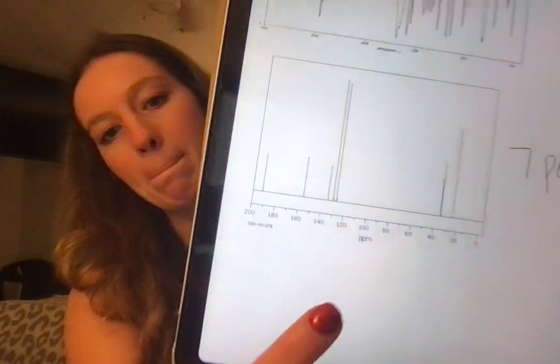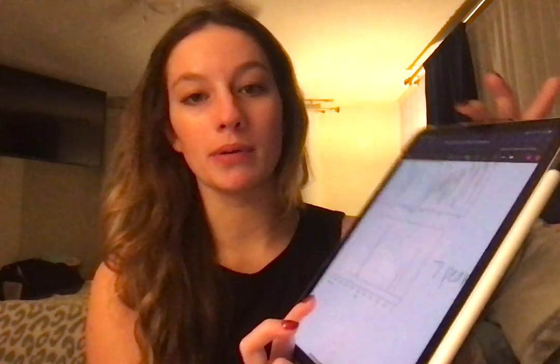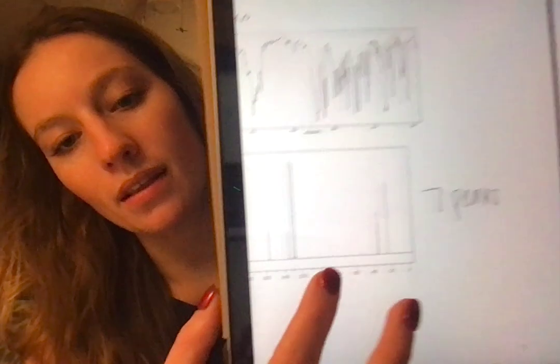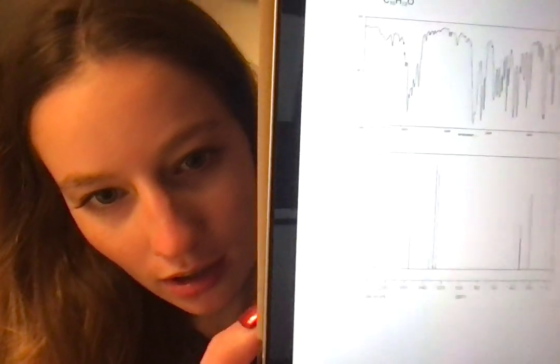Kind of hard to see on here, I know, but right here is focusing on our carbons and their peaks, and this is where we begin with creating our structure. So we have 7 peaks here. I don't know if y'all can tell.